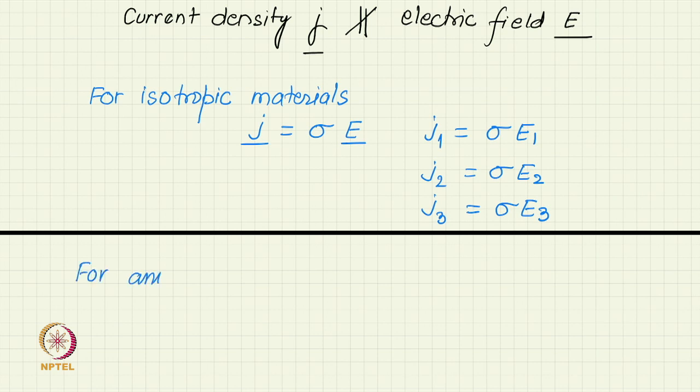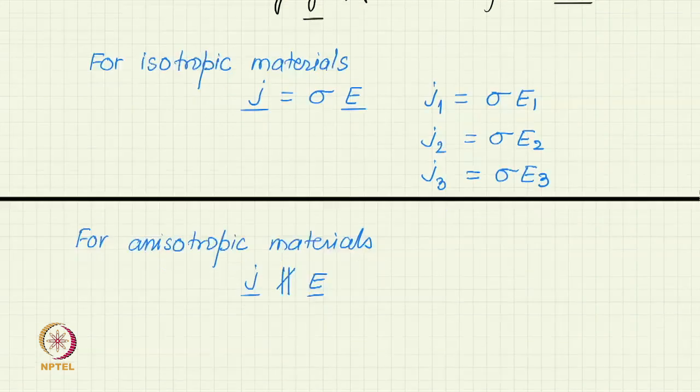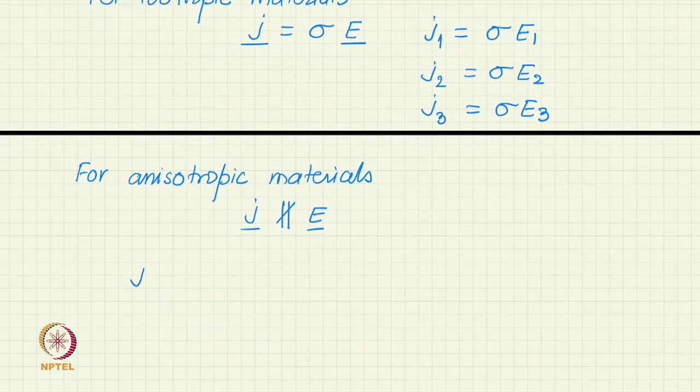So, for anisotropic materials, J is not parallel to E. So, the components will now depend not on the corresponding component, but will depend upon other components also. So, J1 for example will become a function not only of E1, but also of E2 and E3.